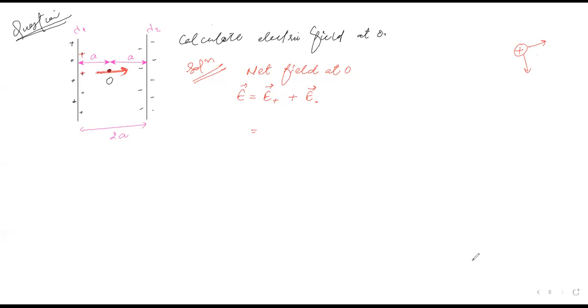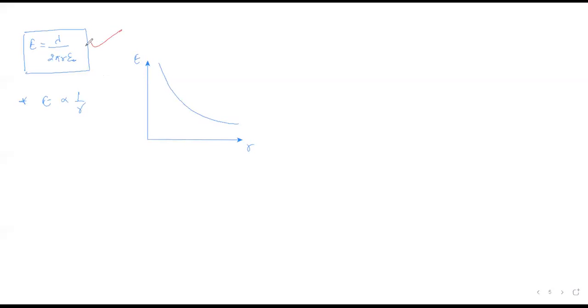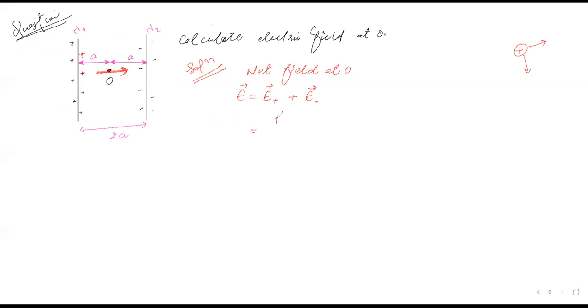So we can write here, we have already calculated the value, the final equation, which we are taking directly without any calculation. It is lambda over 2 pi epsilon naught A. Your separation is A, not R here. So we are taking A, plus. And now due to lambda 2, the direction of the electric field will always be towards the charge.